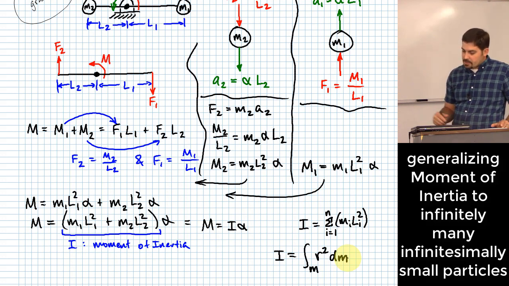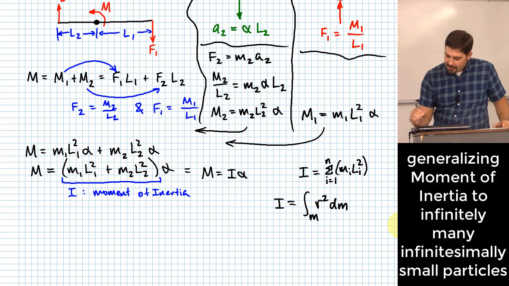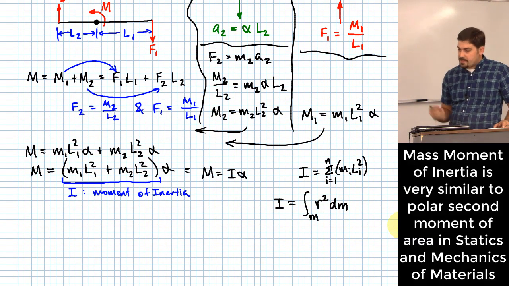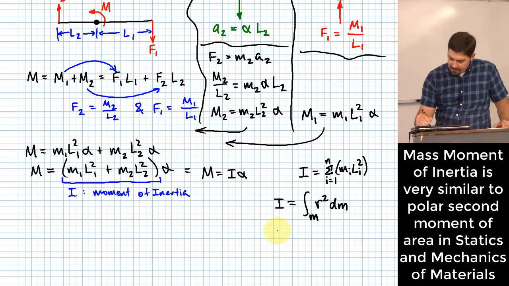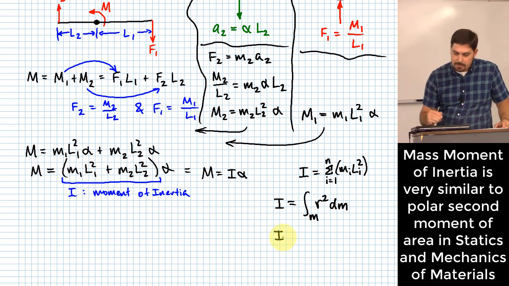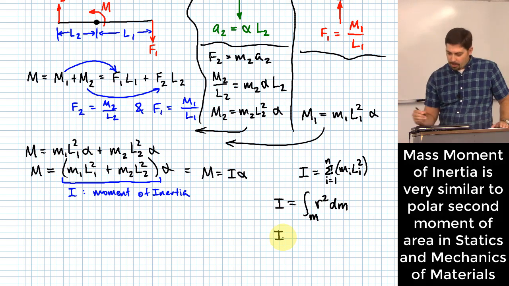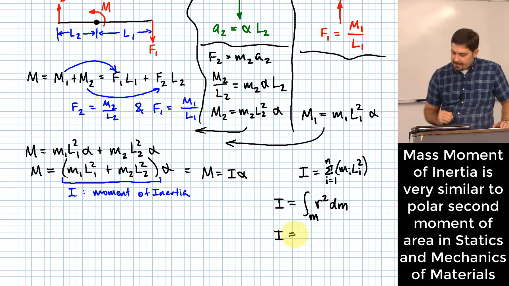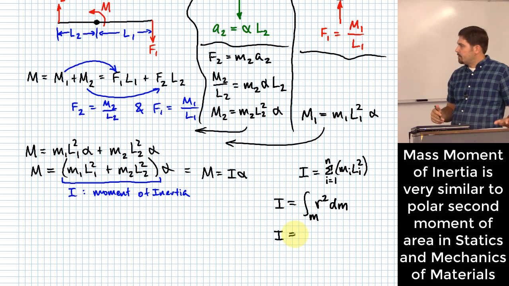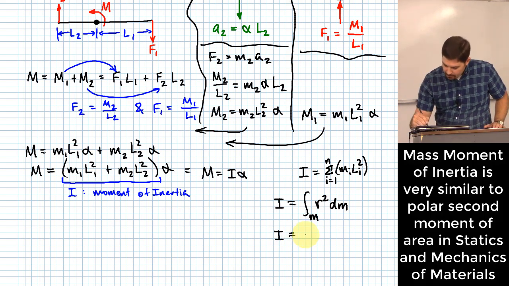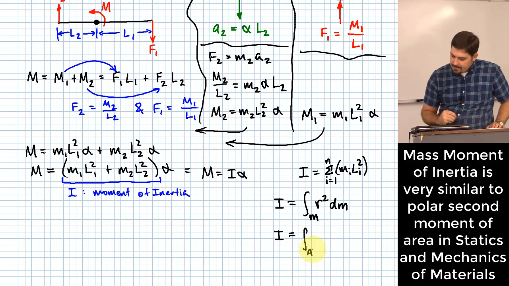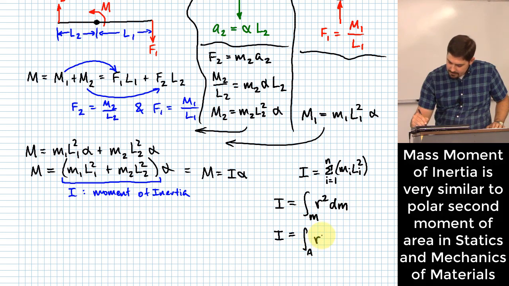So this is a good spot for me to really point out, this is very similar to the second moment of area. As a matter of fact, at least if you're using this textbook that we're using, it uses even the same letter that you probably used for moment of inertia when you were doing a statics, mechanics, and materials kind of approach. And for that, it was this integral over an area or a volume, right, of r squared dA.